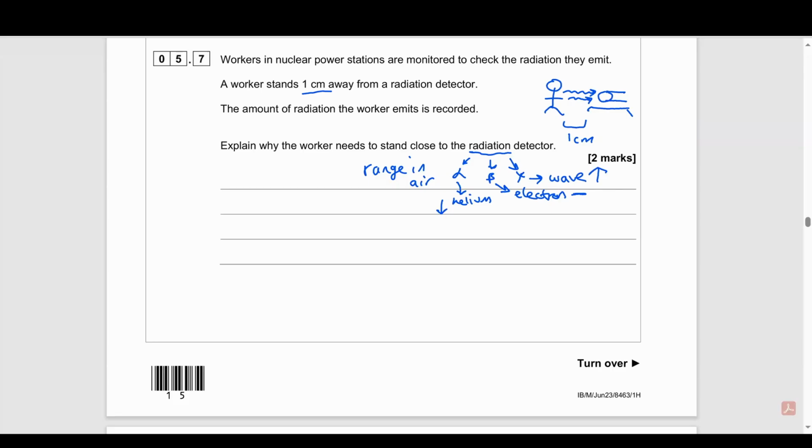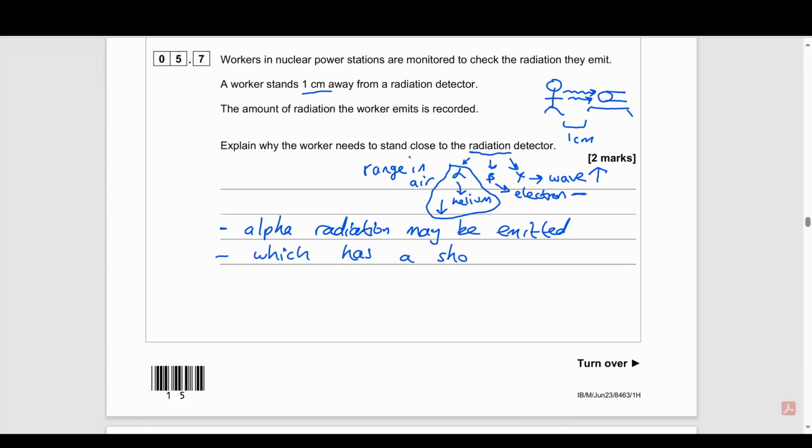What would that allow the detector to pick up? It would allow the detector to pick up alpha radiation because it has a short range in air. So we need to make it clear that there may be some alpha radiation emitted, and the property we are interested in is that it has a short range in air.